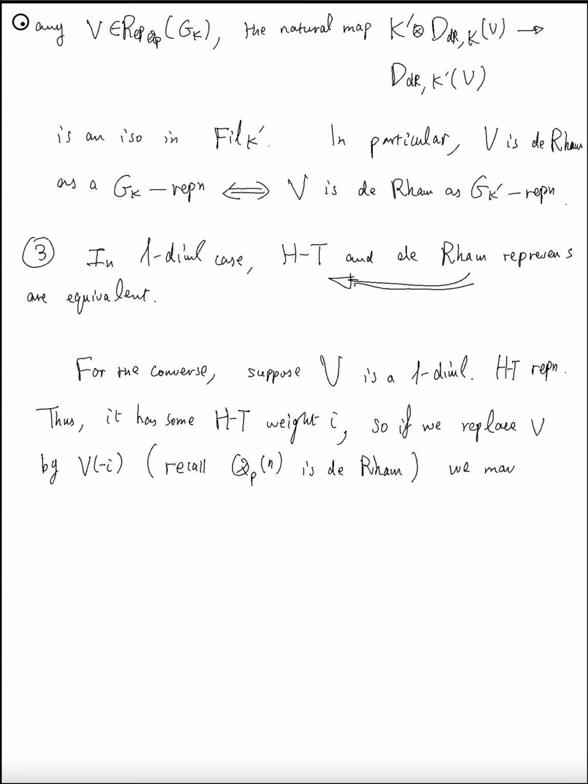We may reduce to the case when the cyclotomic character is trivial and V is Hodge-Tate.